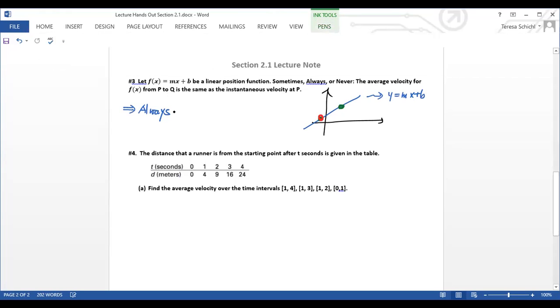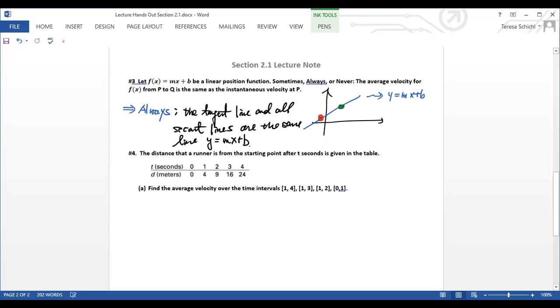So the reason we say this is because the tangent line and all the secant lines are the same line. This line is mx plus b.